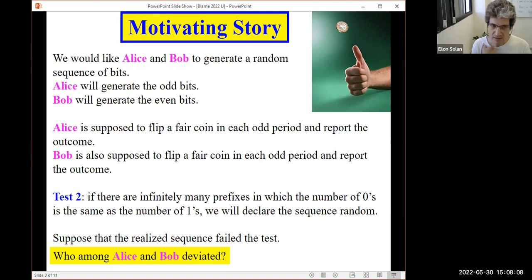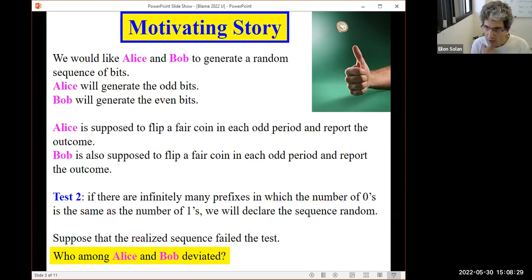Note that this is not so easy to do. One could ask, okay, check whether for each one of them the distribution of bits is 1/2, 1/2. Will that do?